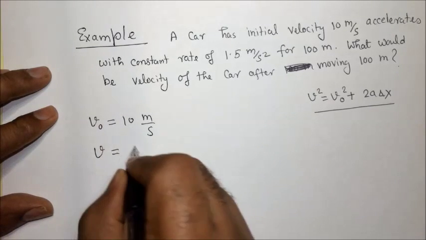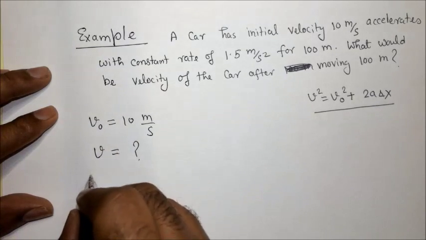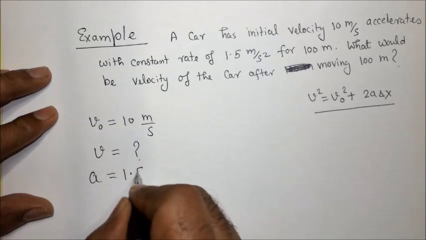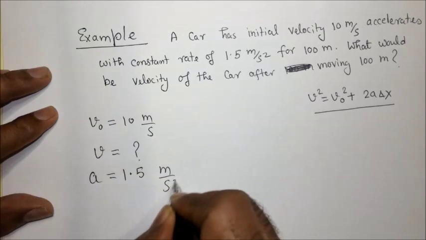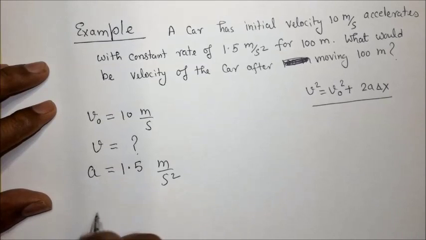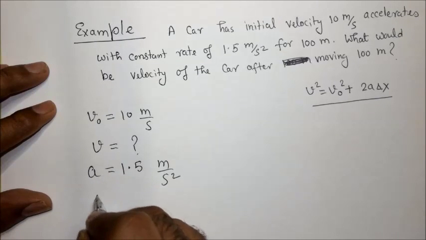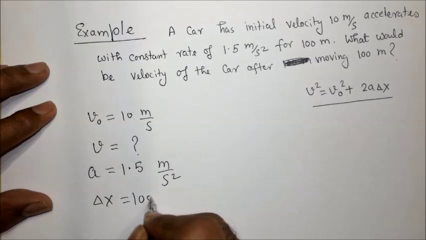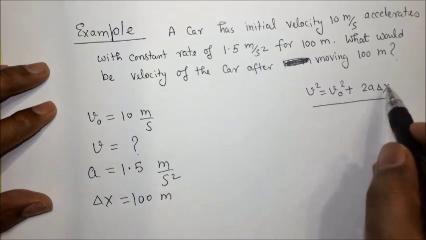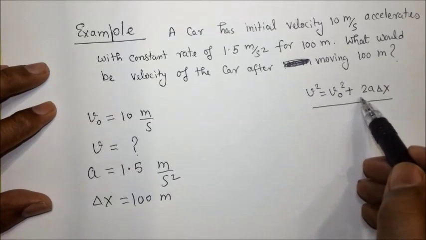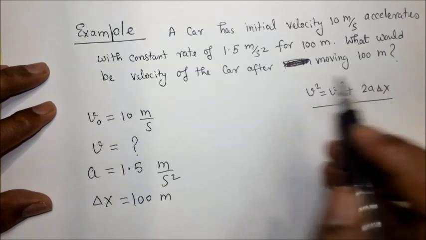V final we don't know. We know a is 1.5 meters per second square. We know delta x is 100 meters. So we can use this equation to find V final.